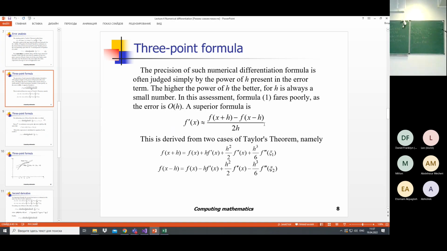You should compute f of x plus h minus f of x minus h, over 2h. The step h equals 0.1. F of 1.1 we already computed. What do you need to compute to apply this formula? What value?